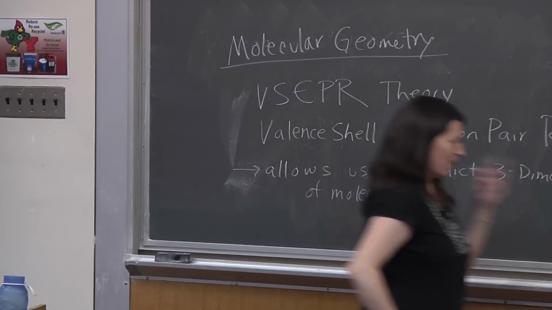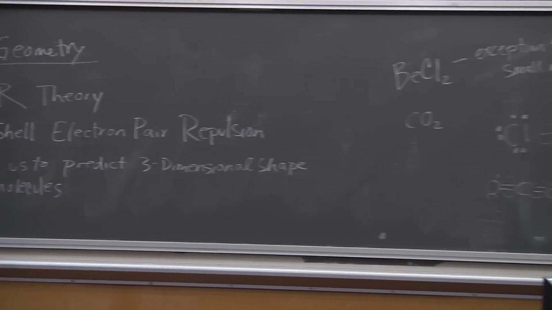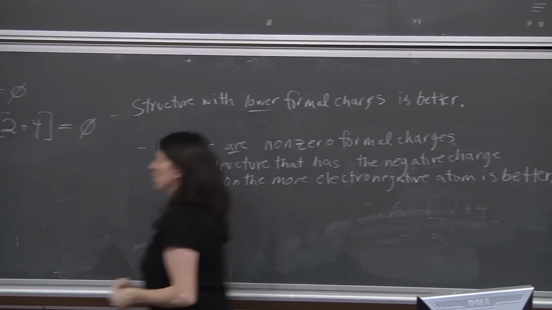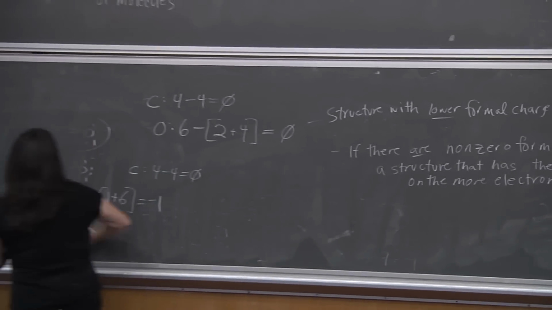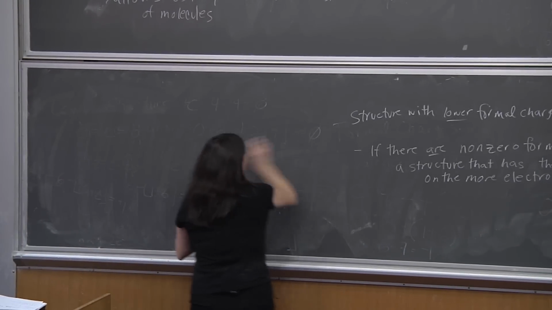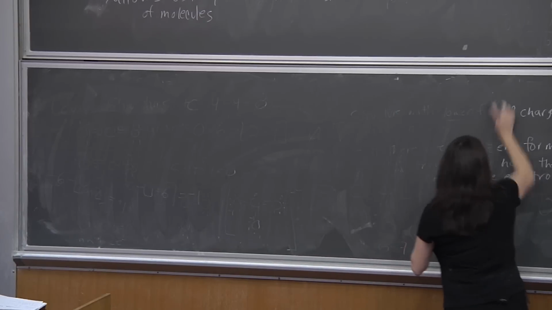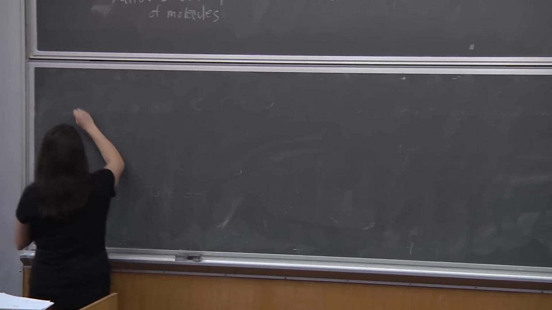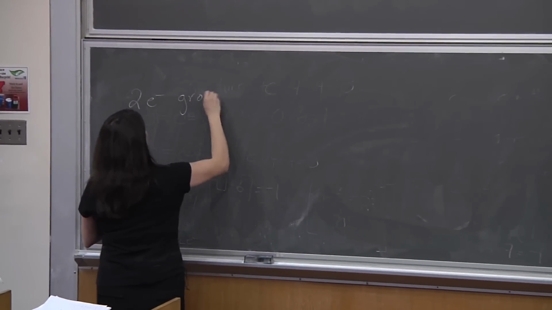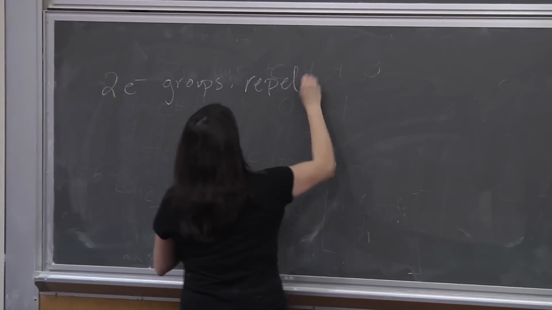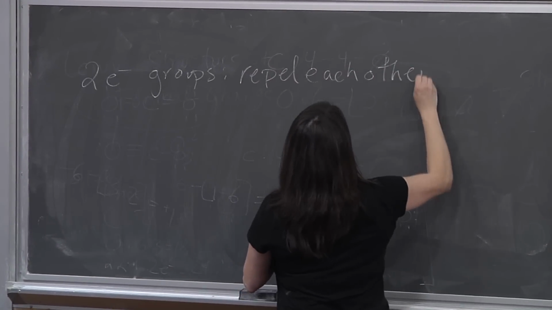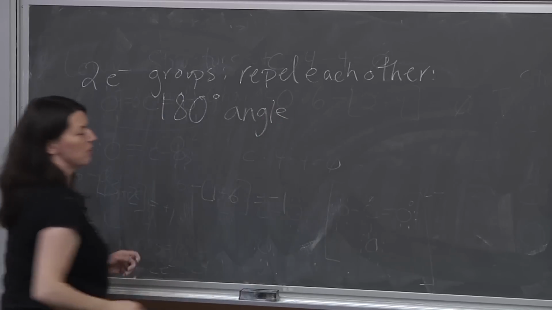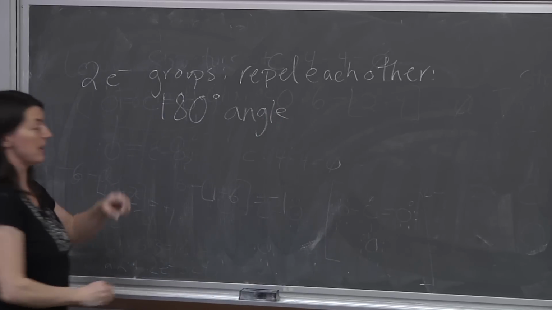So what this valence shell electron pair repulsion theory says is if there's two electron groups, they will repel each other and get as far away from each other as possible.